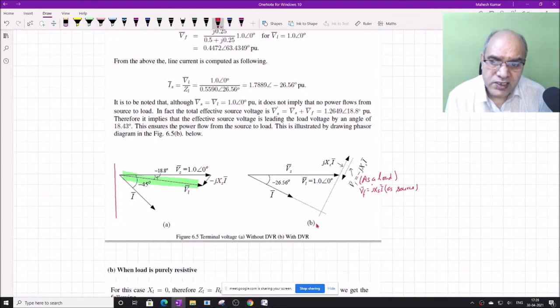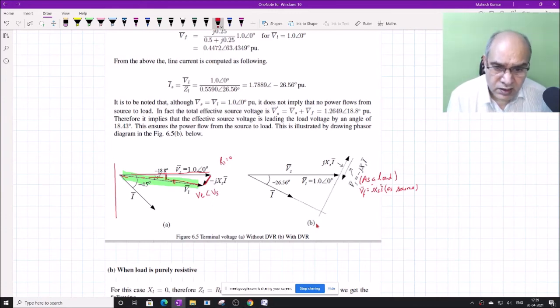So BS is here, minus the drop across the feeder, this one, because RS is 0 here, so only the reactive drop is there, and then join it from here, this becomes the BL. So this is the BL. And BL is less than, of course, BS, with some phase shift of 18.8 degrees.